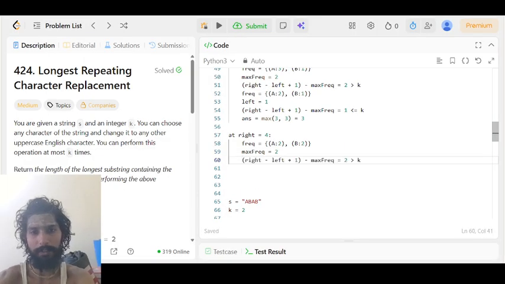Now again the formula right minus left plus 1 minus max freq. So this time right equal to 4, left equal to 1. So it becomes 4 minus 2, that is 2, that is greater than k. So my freq will change.